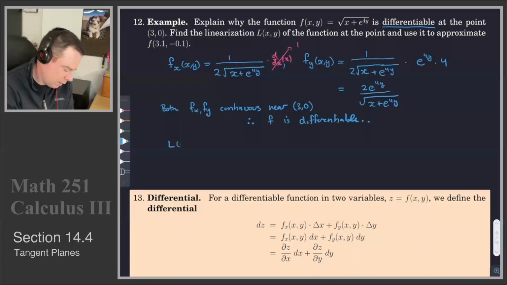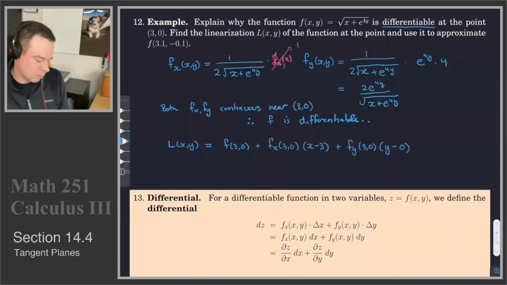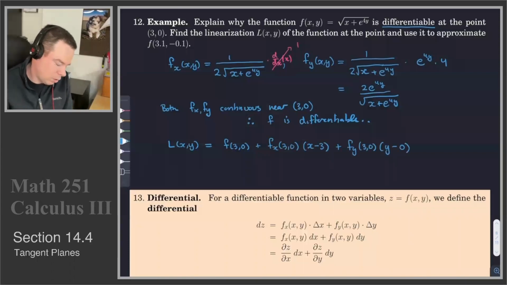The linearization, L of x, y, is given by the function value at the point in question, plus the x derivative at the point in question times x minus the x coordinate of that point, plus the y derivative at the point in question times y minus the y value of the point in question. And so there's our linearization.